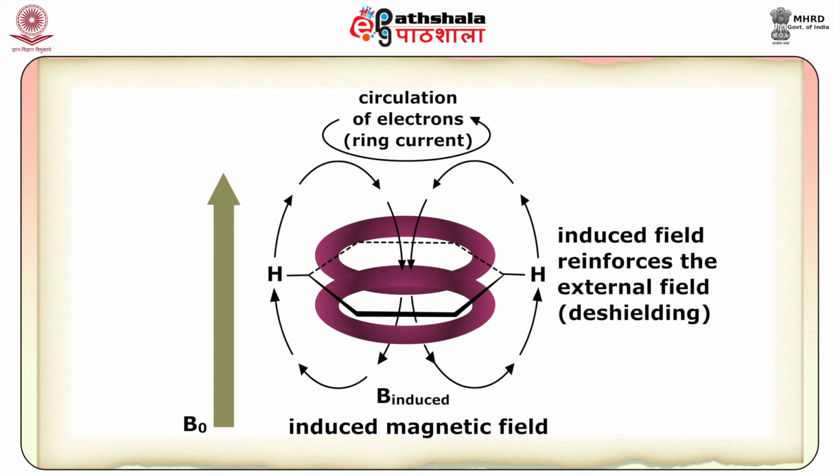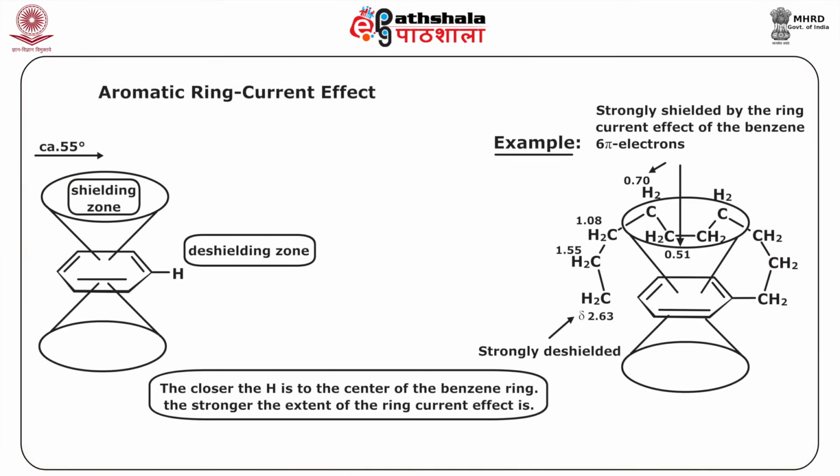The induced magnetic field is in the opposite direction, again the diamagnetic effect, to the applied field at the center of the ring, but outside the ring it is in the same direction, or the paramagnetic effect, of the applied field. Therefore, the protons at the periphery of the aromatic ring, that is the aromatic protons, experience a higher magnetic field and resonate at higher delta values.